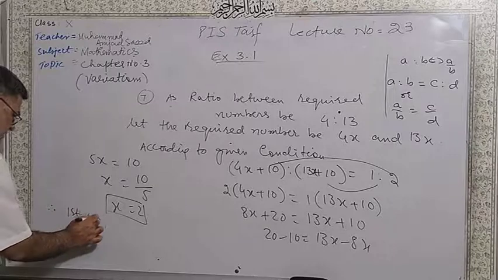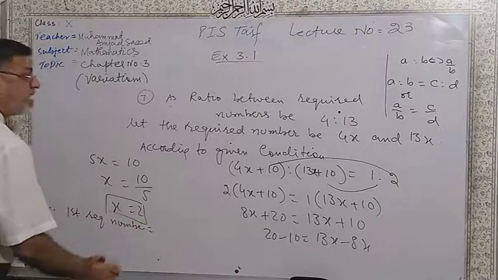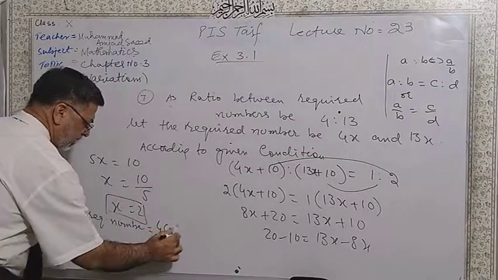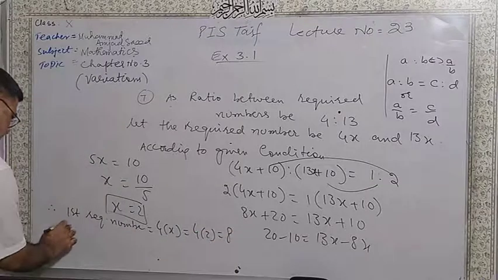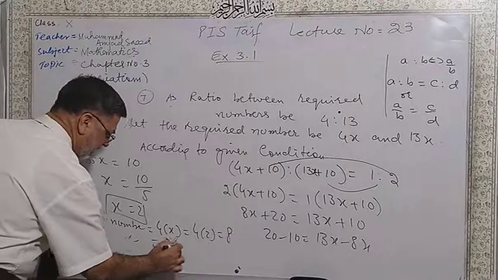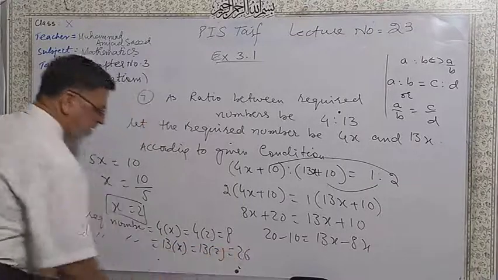Therefore, the first required number is 4x, which is 4 into 2, that is 8. And the second required number is 13 into x, that is 13 into 2, that is 26.